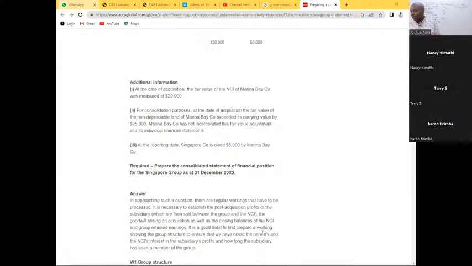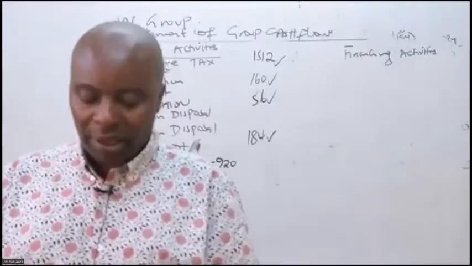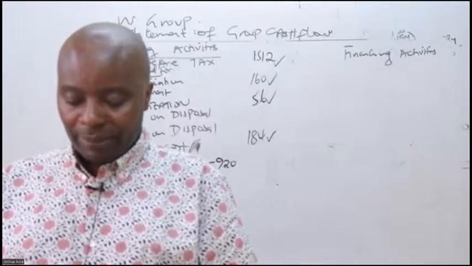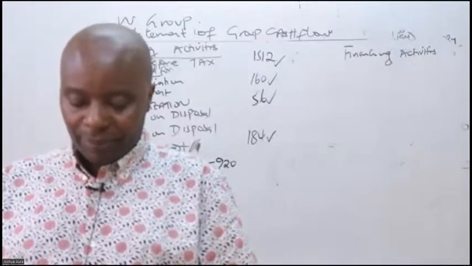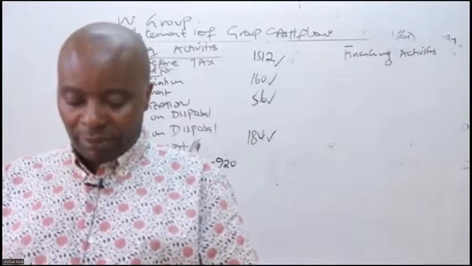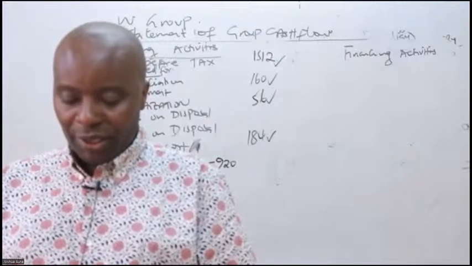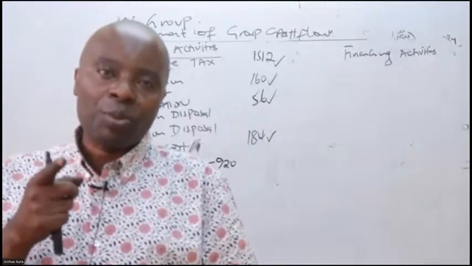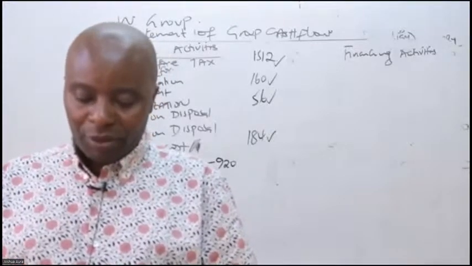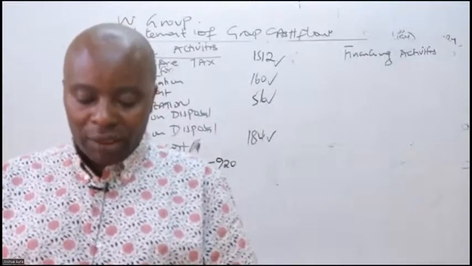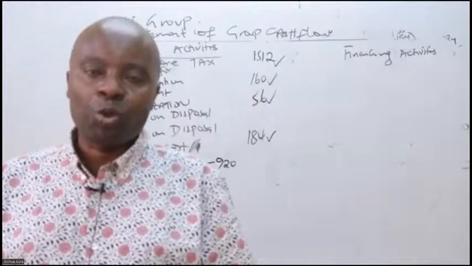If you look at note number 3, the carrying values in the individual accounts of C Limited. C Limited is the one that we disposed, remember, is the one that we sold. As at the date of disposal, they are listed below, and one of the items there is a trade receivable of 220.